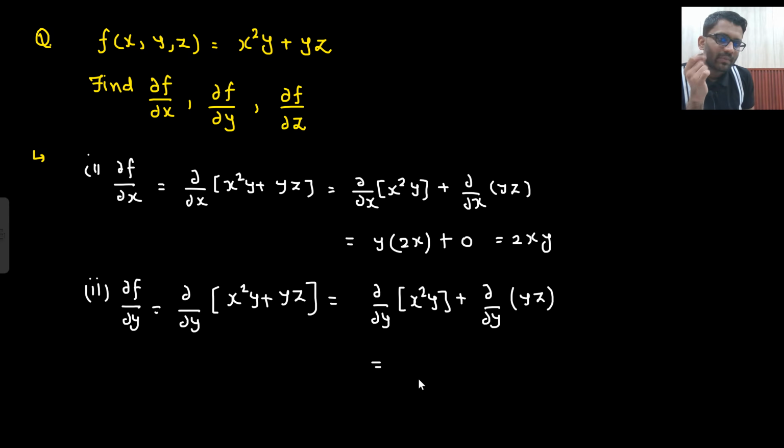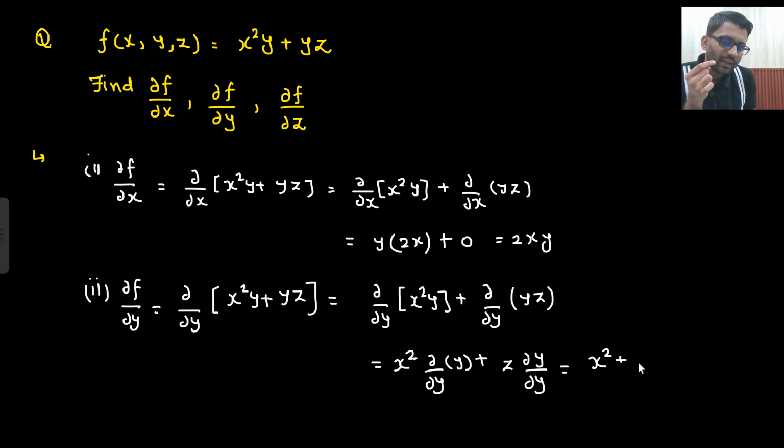What will come as a constant? x square will be constant, because you are differentiating with respect to y. In the second term, z will be constant, and del y by del y is 1. So what will be the answer? x square plus z.